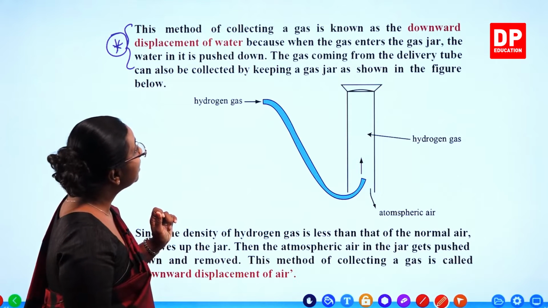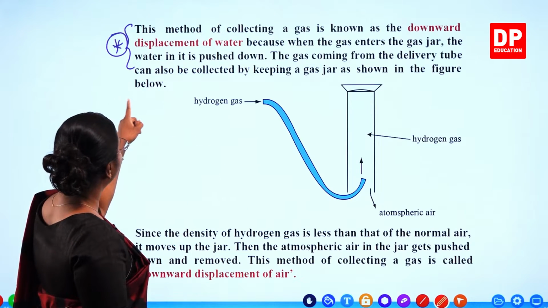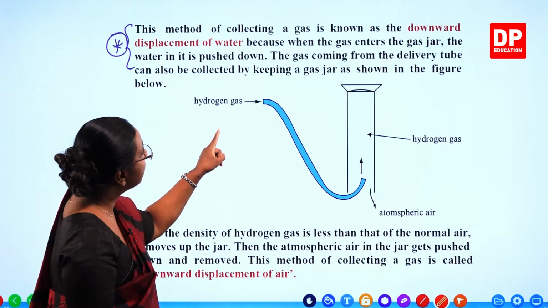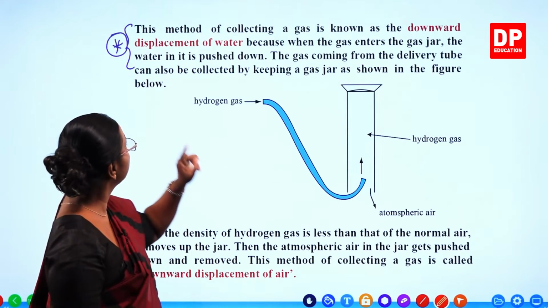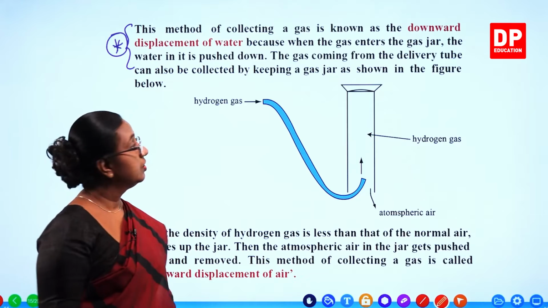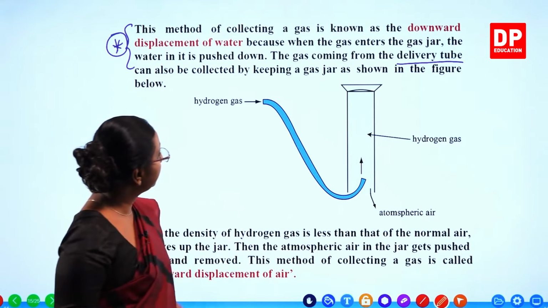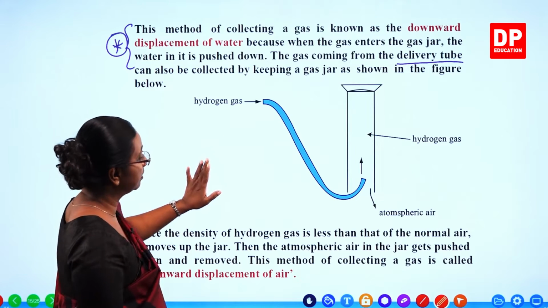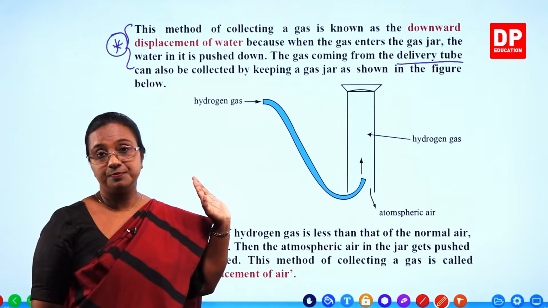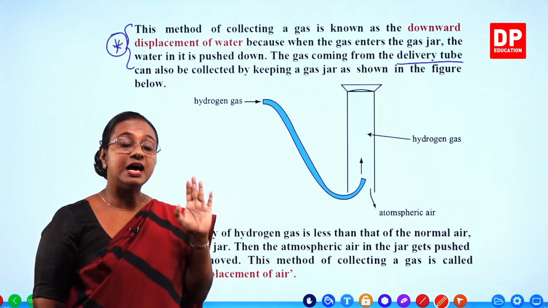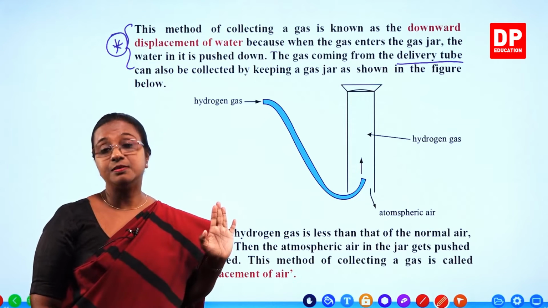The gas coming from the delivery tube can also be collected by keeping a gas jar as shown in the figure below. This is the figure. Now you can remember, students, hydrogen is lighter than atmospheric air.